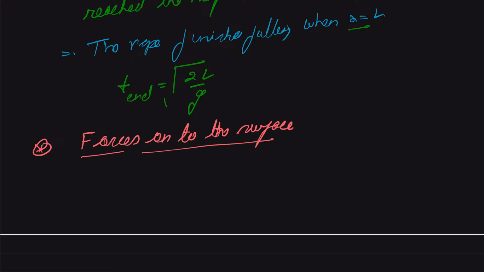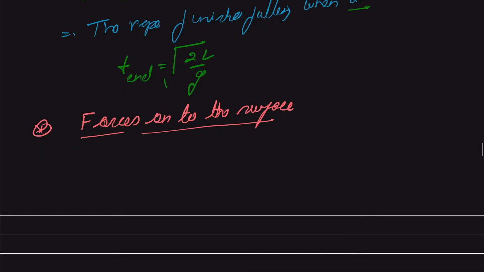Okay, so first will be the weight of the rope that is already on the surface, and the second will be the incoming rope, which we also called the momentum flux in the previous question. So we divide into two parts.